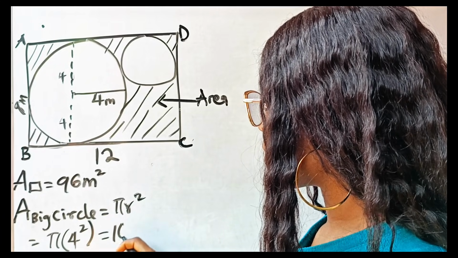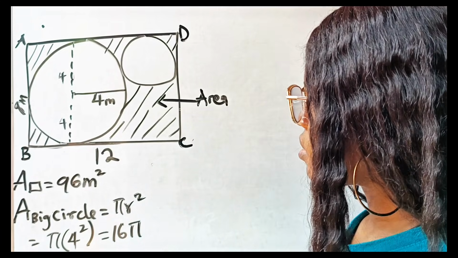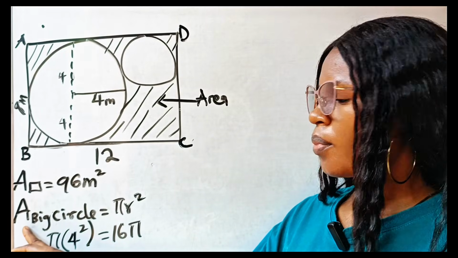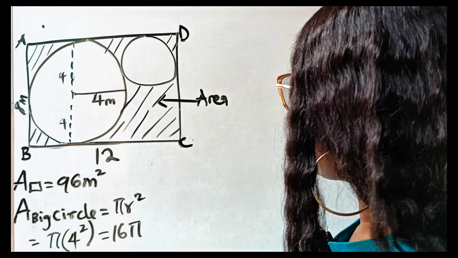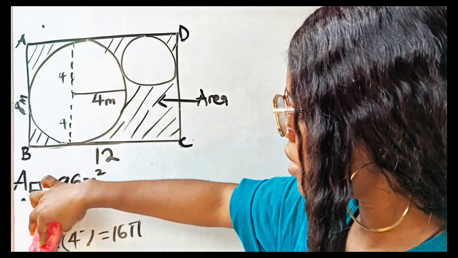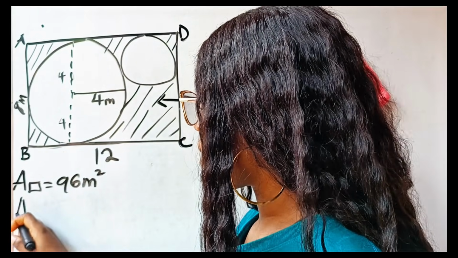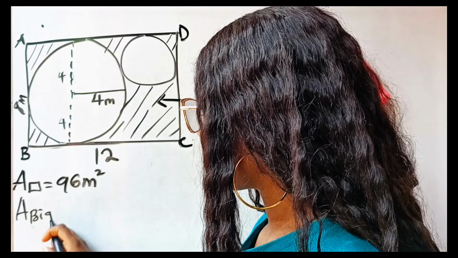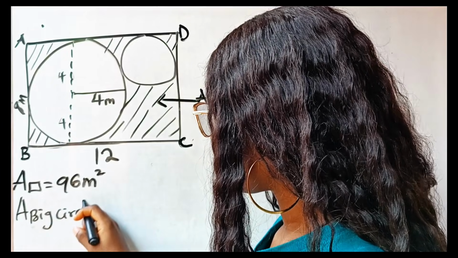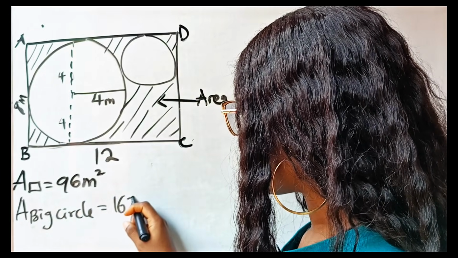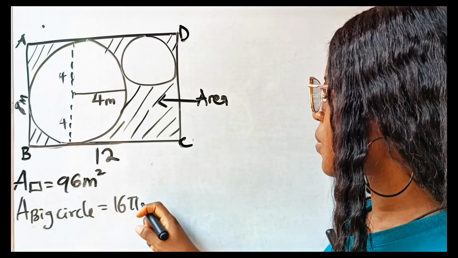So this will give us 16 pi. This is the area of the big circle, 16 pi. So let's write that down: the area of the big circle is equal to 16 pi meters squared.